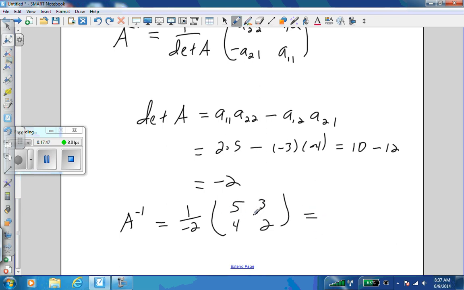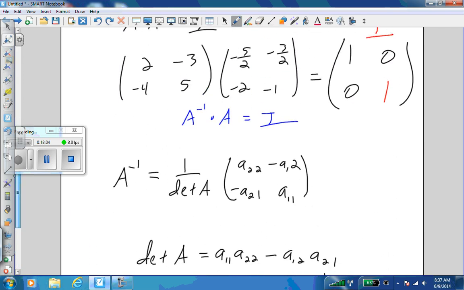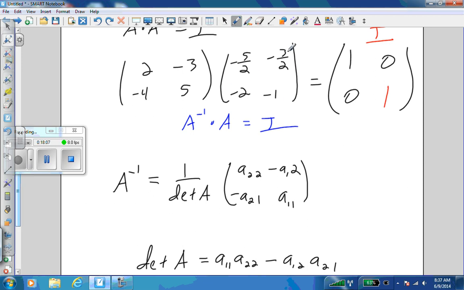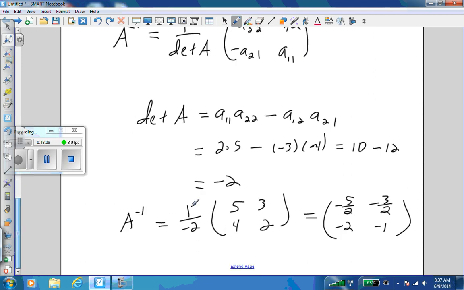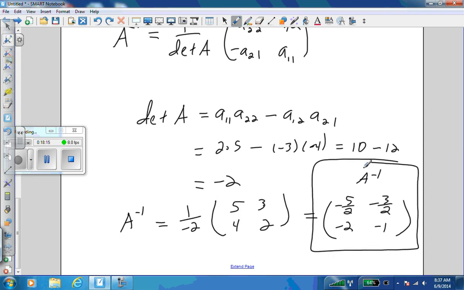So if we multiply this matrix times that scalar, 5 times negative 1/2, 3 times negative 1/2, 4 times negative 1/2, 2 times negative 1/2. Notice that's what we got when we calculated our inverse matrix using our row operations.